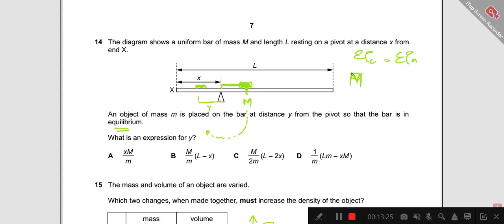I don't know directly what this distance is, but I know that this distance is half of the length, because weight acts exactly at the half for a uniform object. This is L by 2. This distance is x and I need this distance, right? The distance of the point at which the weight is acting to the pivot. So what we can do is subtract x from L by 2, and you will get your distance. I can write L by 2 minus x.